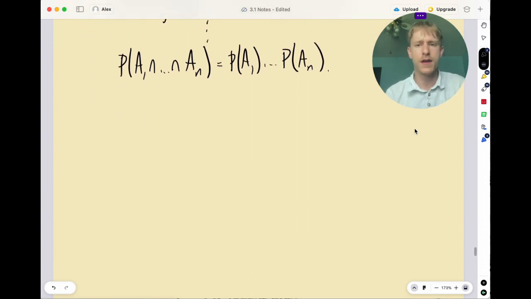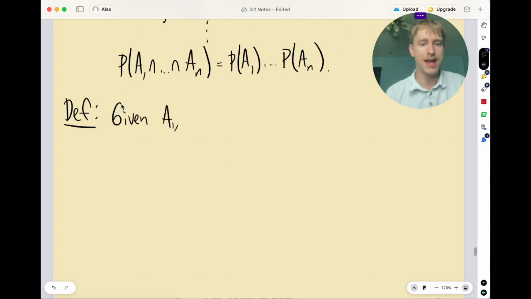Okay, another definition. I'm trying to set us up for the Borel-Cantelli lemma, which we will prove in the next video. This time we're going to be given an infinite sequence of events.